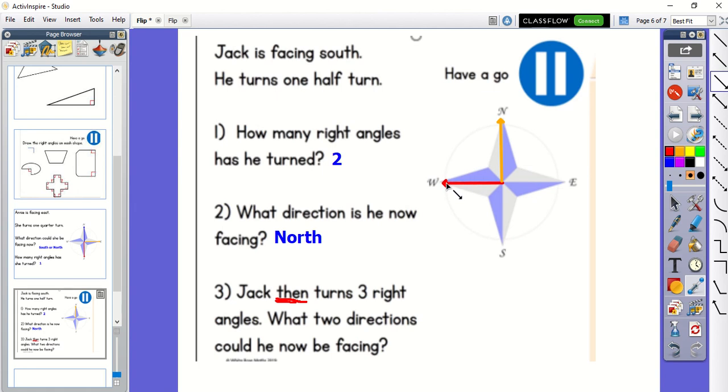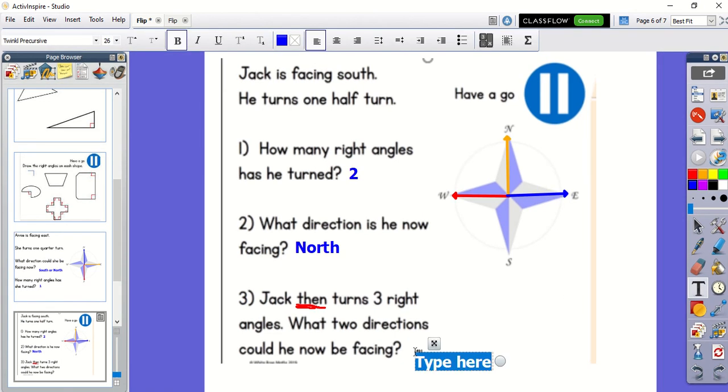So he's ended up facing west. If I went anti-clockwise, we'd be going 1, 2, 3. And I've ended up east. So what 2 directions could he now be facing? He could be facing west or east.